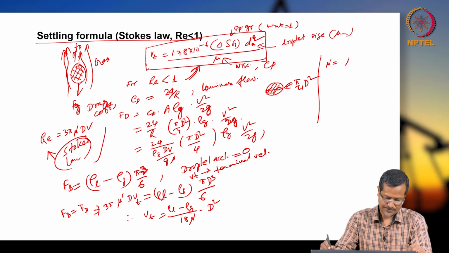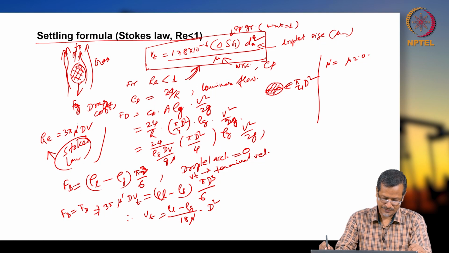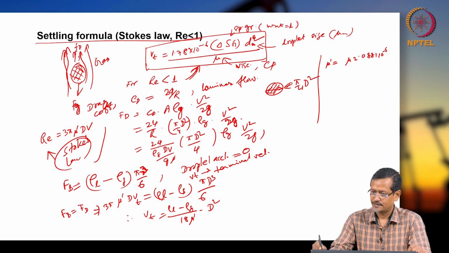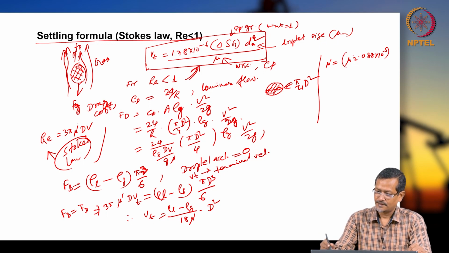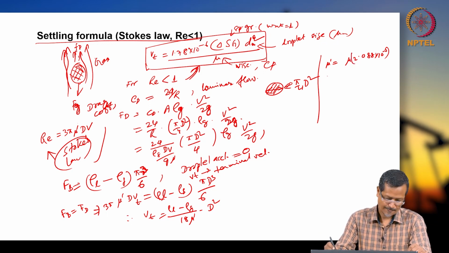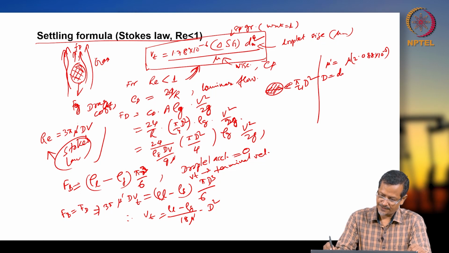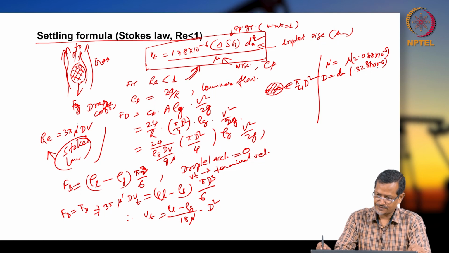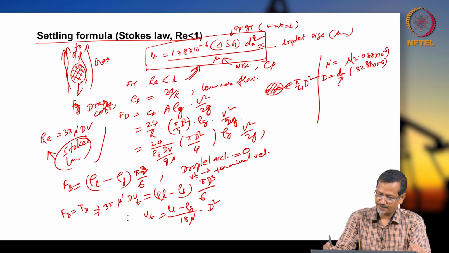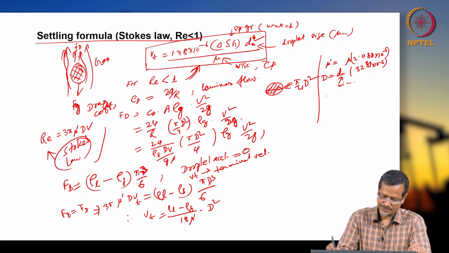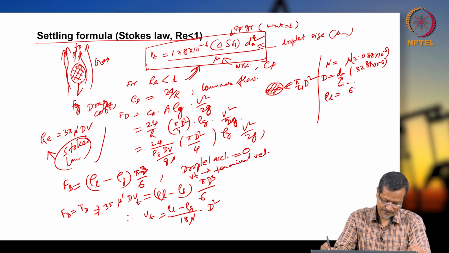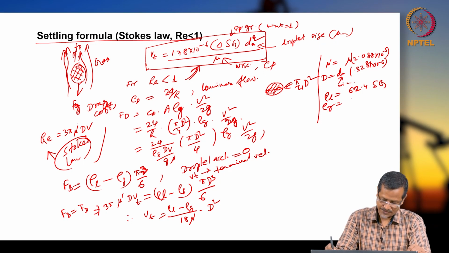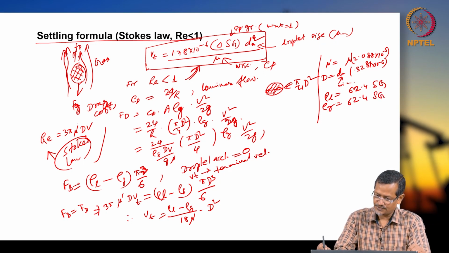Okay, once you convert all the units, like mu dash equals mu times 2.0881, d equals dm times 3.281 into 10 power minus 6. This is micron, and d is in feet. Rho L equals 62.4 Sg, rho G equals 62.4 Sg.